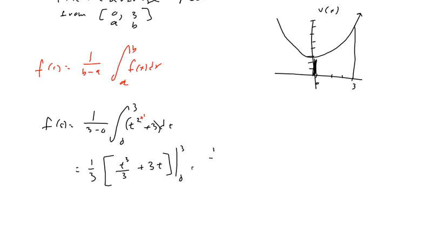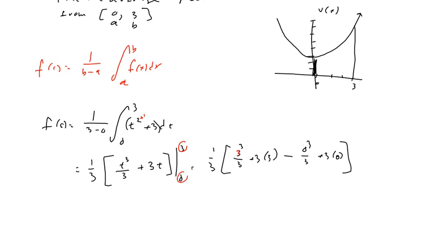So I'm going to plug in from 0 to 3. So it's 1/3 times, plug in my 3 first, I get 3 cubed over 3 plus 3 times 3, minus 0 cubed over 3 plus 3 times 0. So that's really a 0 there. Remember what I did, right? I plugged in my values here, my 3 and my 0.